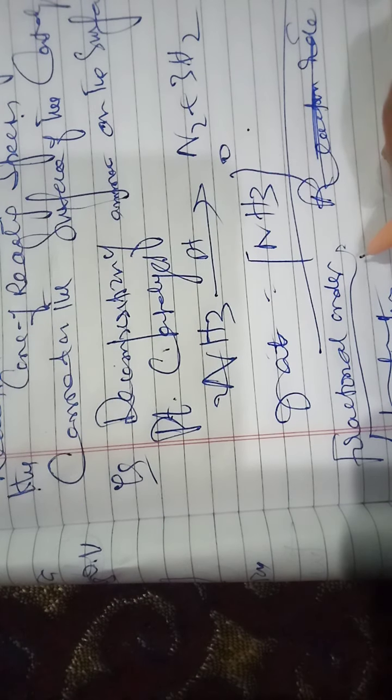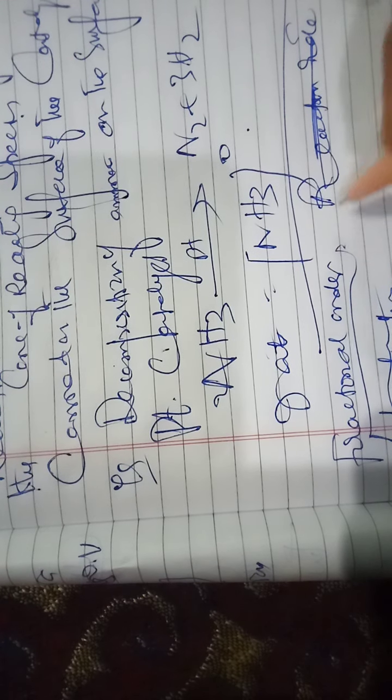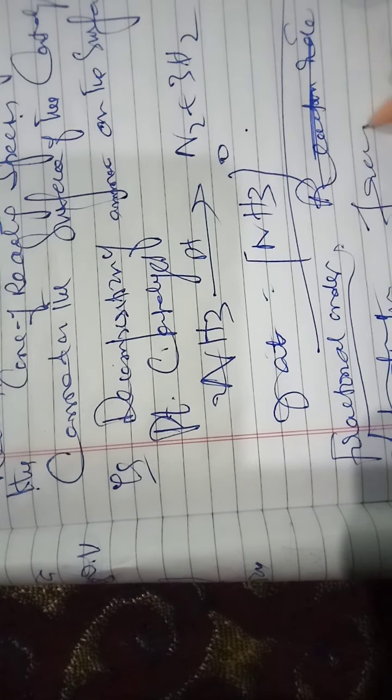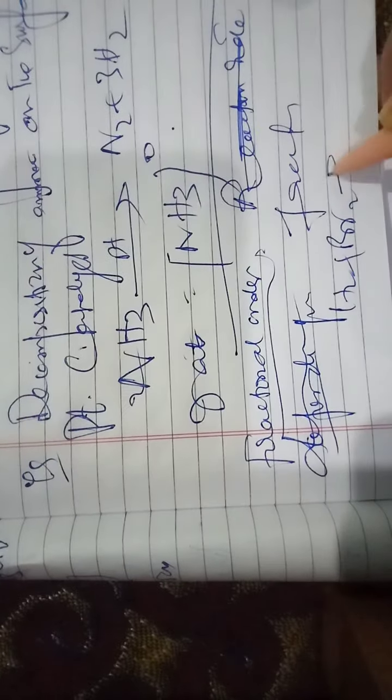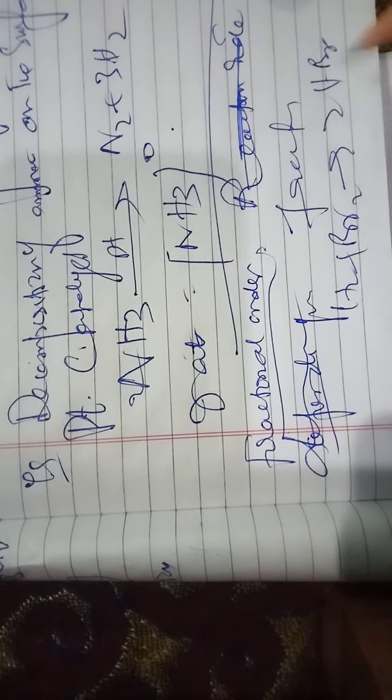The reaction rates of different chemicals have been determined experimentally. Some of the reactions which appear so simple are actually complex reactions. The order has been found to be fractional. For example, H2 plus Br2 gives twice HBr.